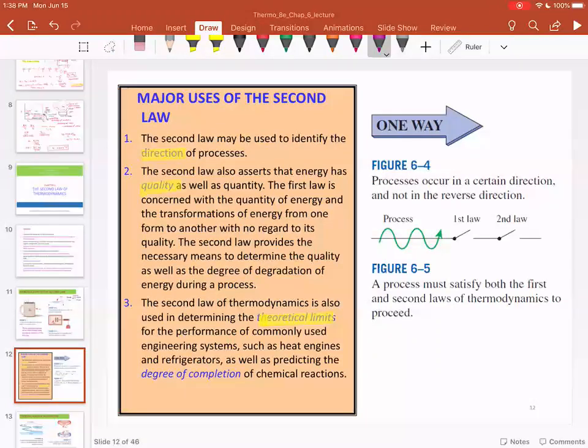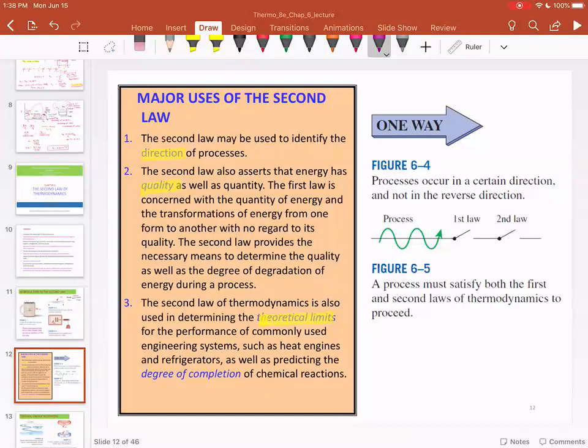And second law of thermodynamics provides the theoretical limits that can be used for determination of thermodynamic efficiencies or coefficient of performance of a heat engine or a refrigerator.